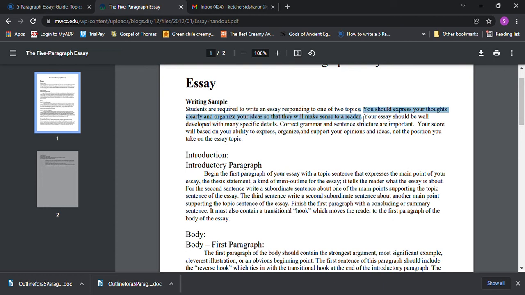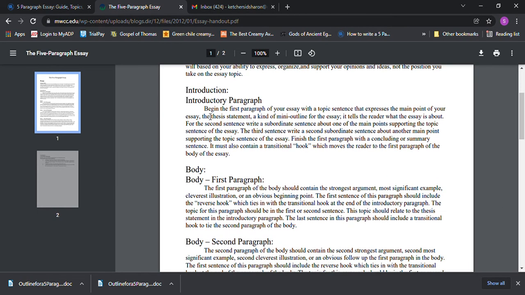You have to come at it like they don't know, and then you're going to explain it to them. So your essay should be well developed with many specific details. Correct grammar and sentence structure are important. Your score will be based on your ability to express, organize, and support your opinions and ideas, not the position you take on the essay topic. So you have to understand that.